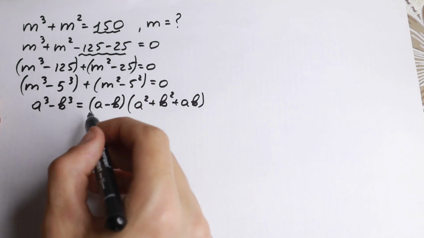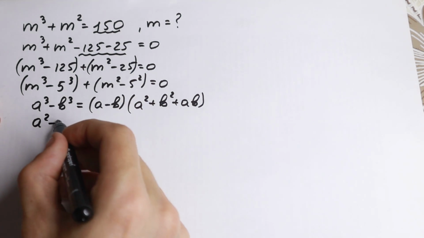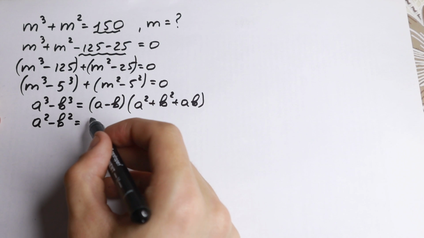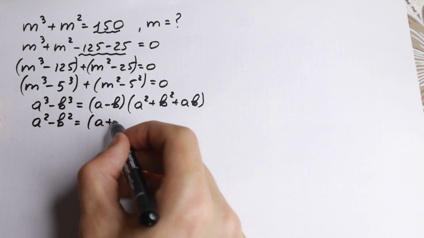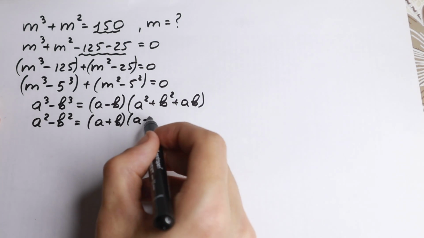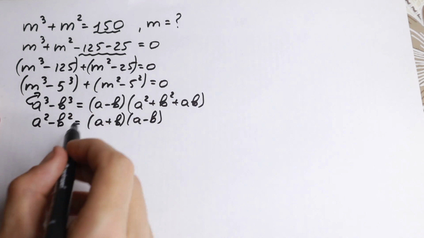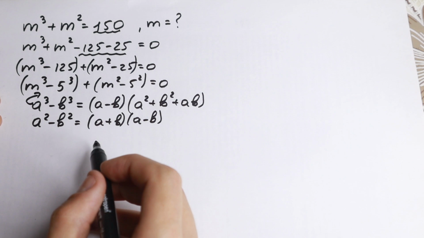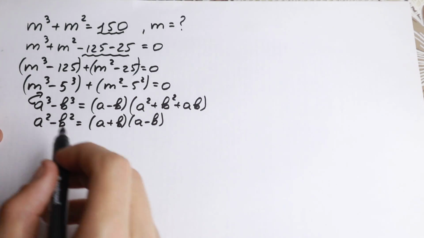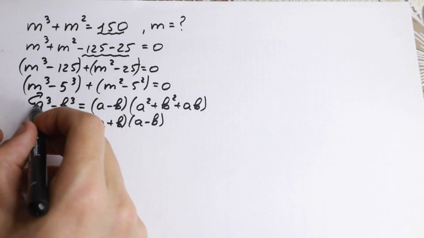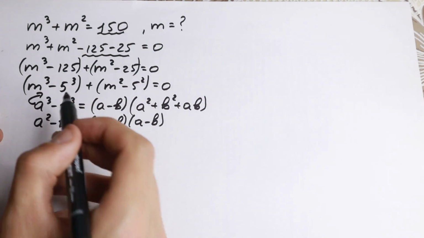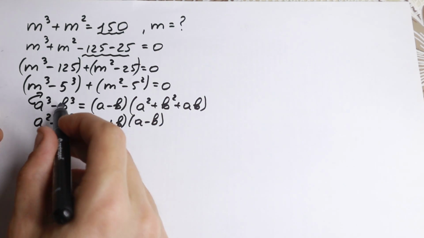What about the difference of squares? This is our school identity, so all students from school know this: a plus b times a minus b. We have all the information that we need right here. This is the difference of cubes, this is the difference of squares, so right now we can easily plug in m instead of a, and 5 instead of b, in all formulas.